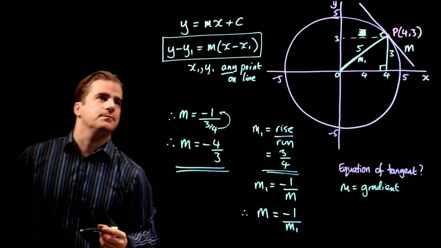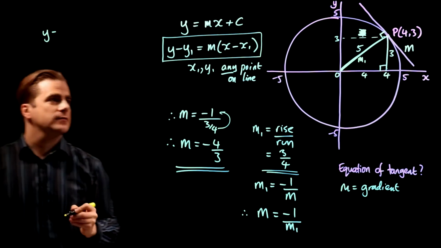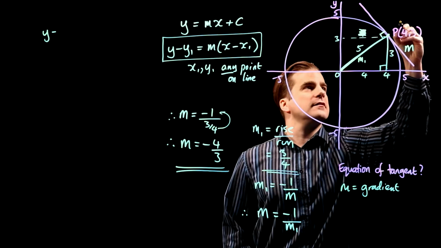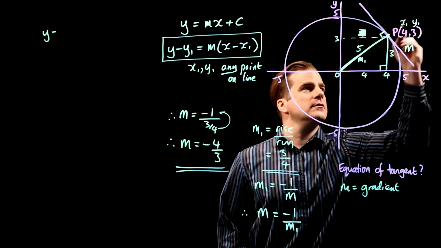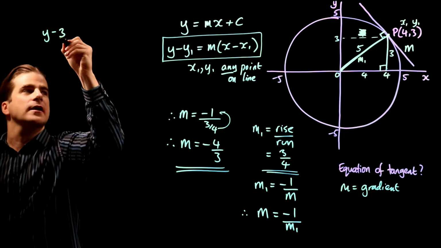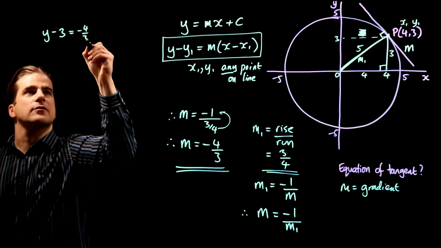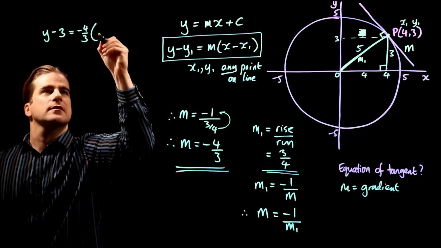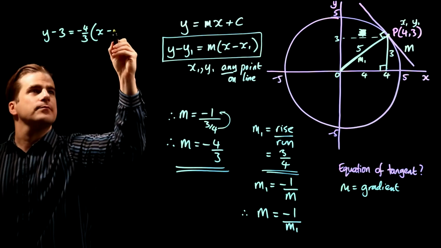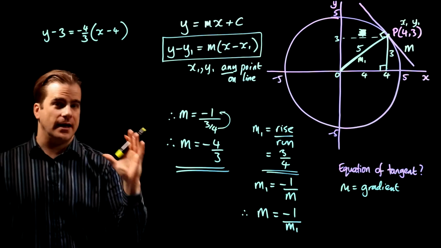So let's do it. We have y minus y1, there's our point, that's x1, y1. So y1 is 3. Y minus 3 is the gradient, minus 4/3, times x minus x1, which is 4. x1, y1 is any point on the line.